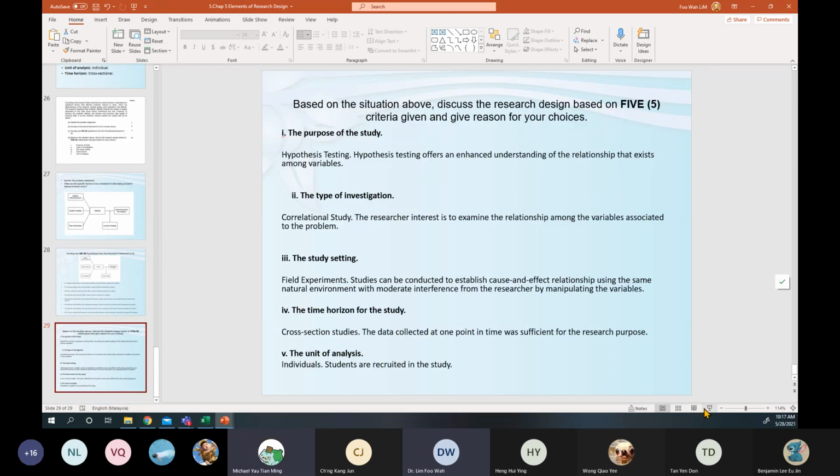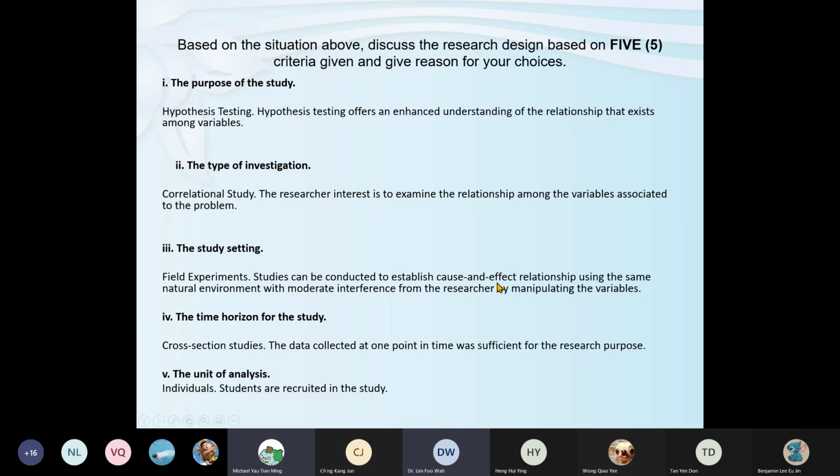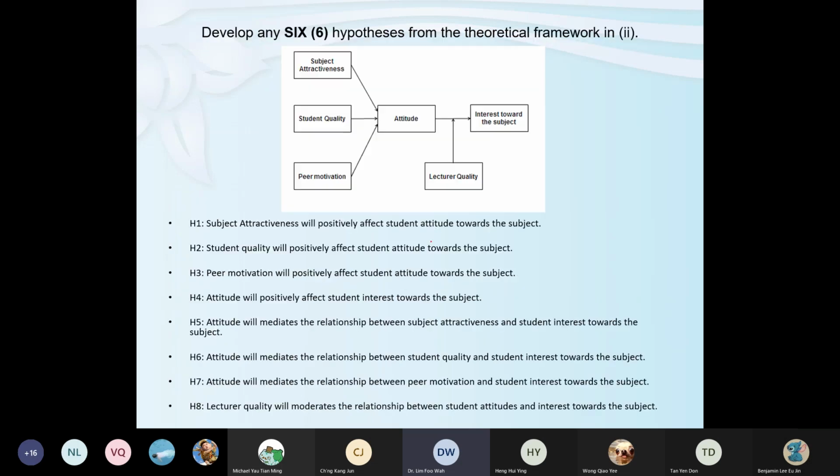Purpose of study: you need to identify the purpose of this study based on the scenario given. After you draw this framework, we know that you're going to test the hypothesis.